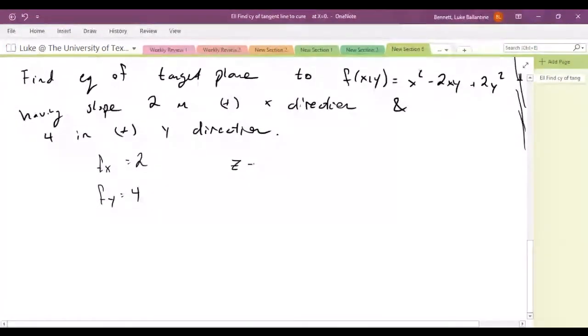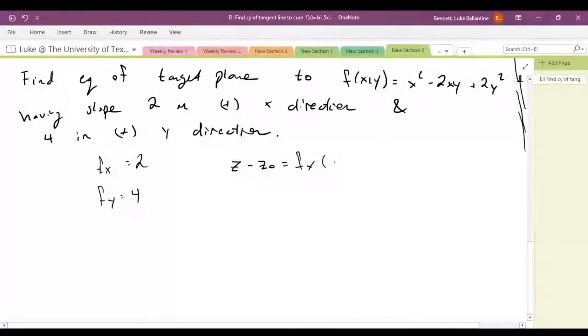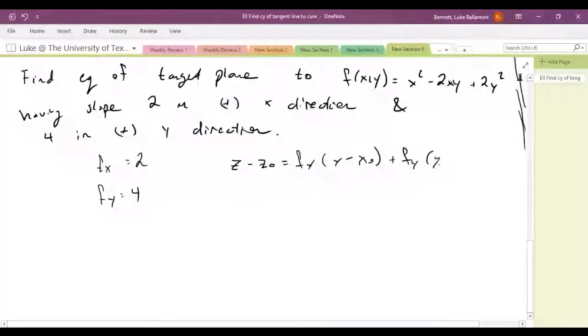The tangent plane formula was z minus z naught is equal to f sub x times x minus x naught, plus f sub y times y minus y naught. This time we are given the slopes and we have to find the point. So we're going to have to solve some equations. We're going to have to take the partials of f, set them equal to 2 and 4, and find the x and y values that satisfy that.